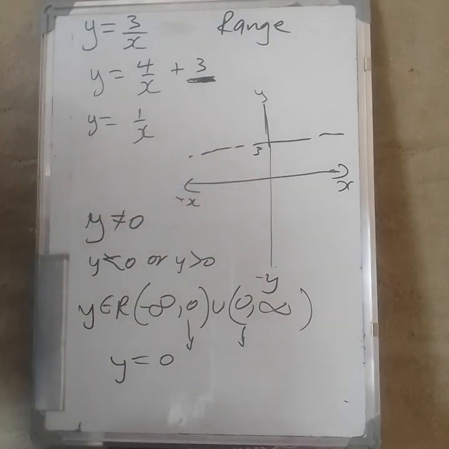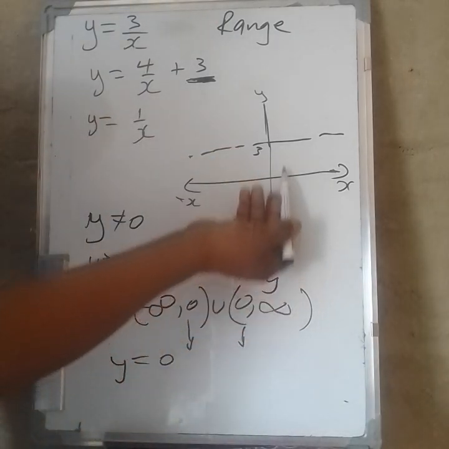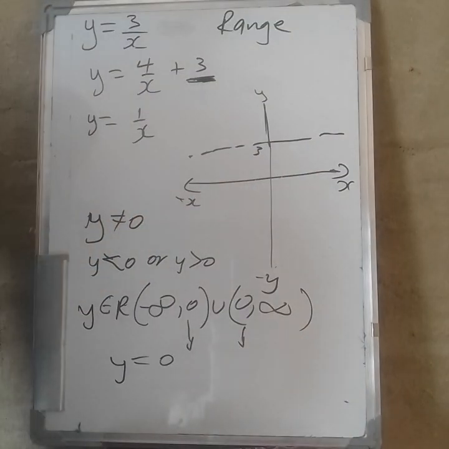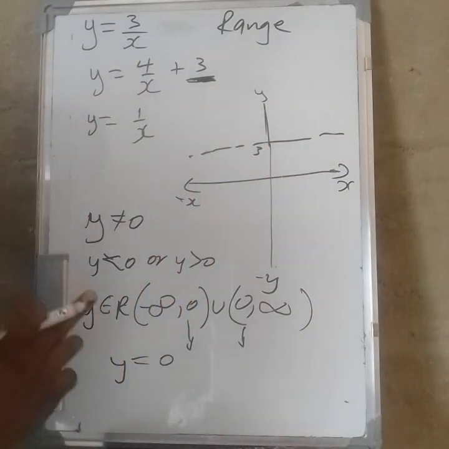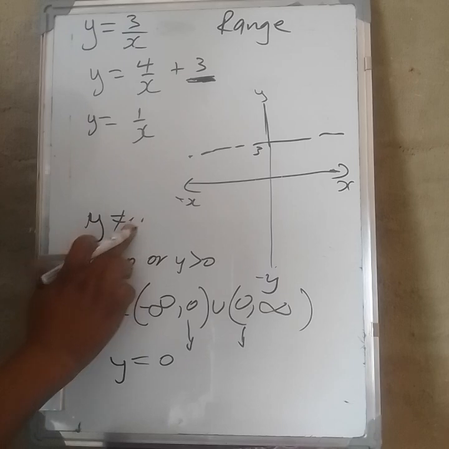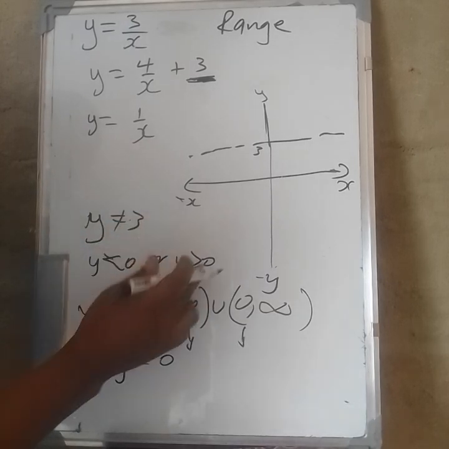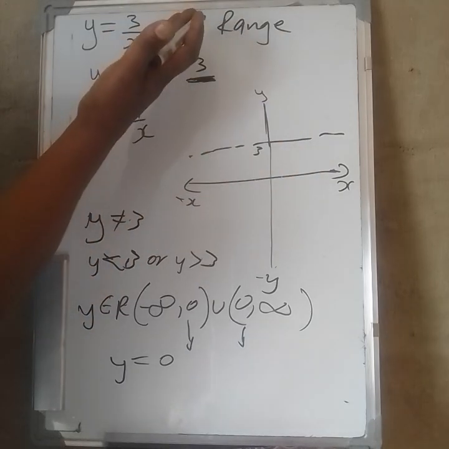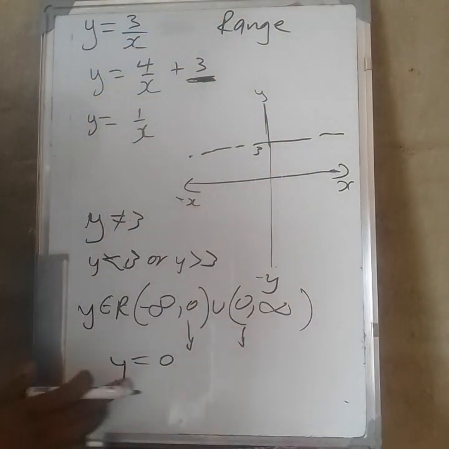And then it comes from this side, goes until it's at 3. The y again can't be 3. So instead of this 0, we're going to have a 3 here, right? y can be greater than 3, y can be less than 3, right?